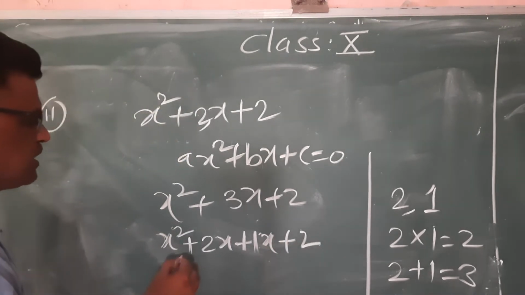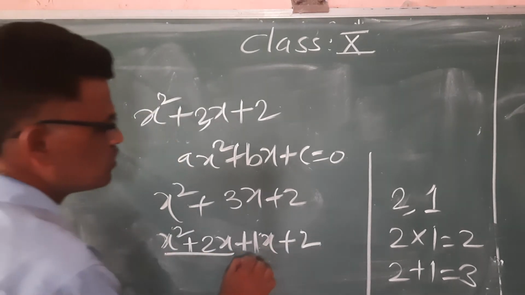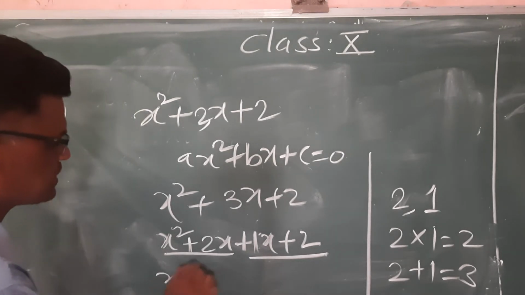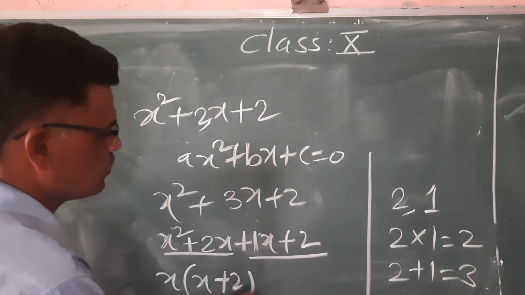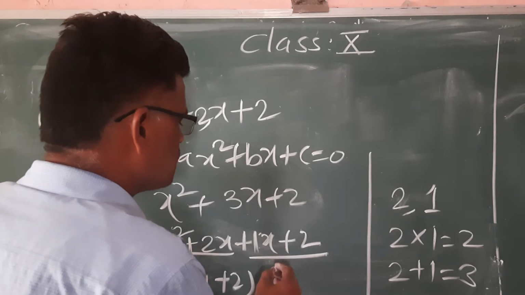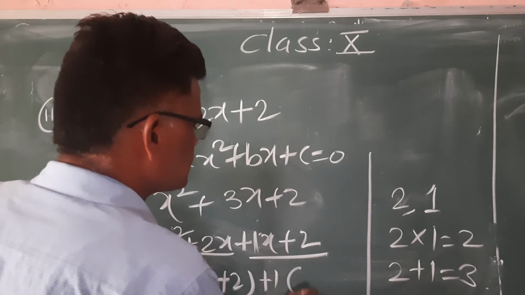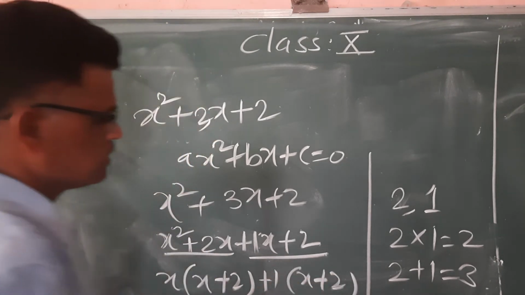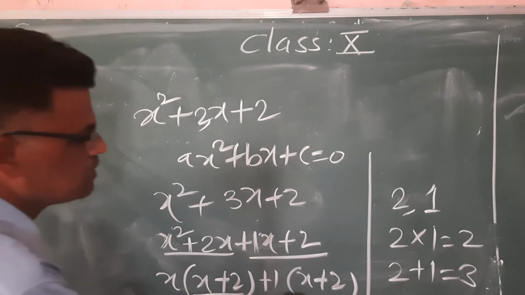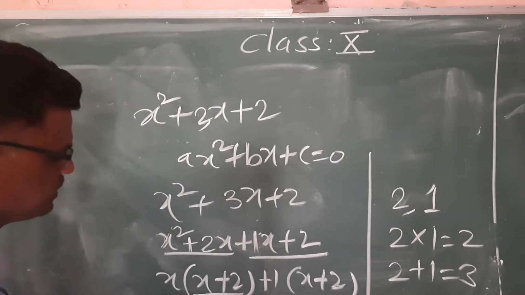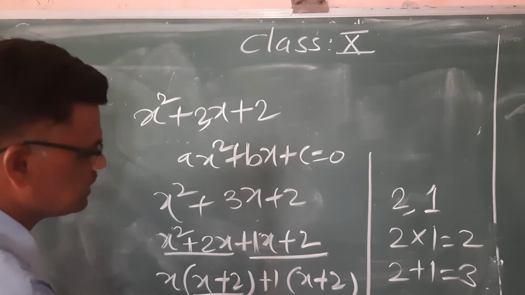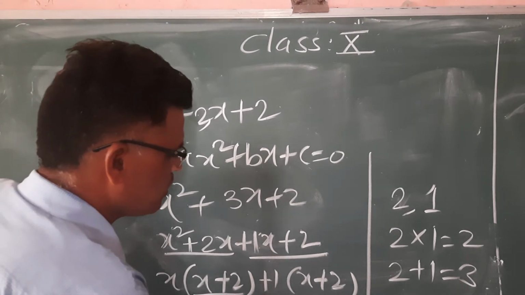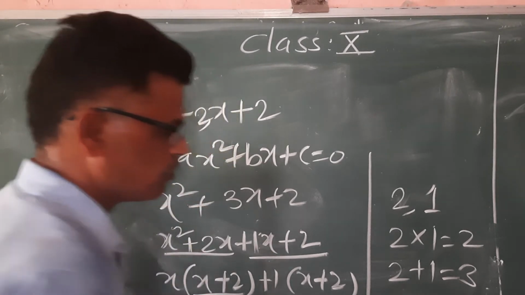When we take the common factor from the first two terms, we get x in bracket x plus 2. In the other two terms, we can take 1 as common, x plus 2. Therefore, we get x plus 1 and x plus 2 is equal to 0.